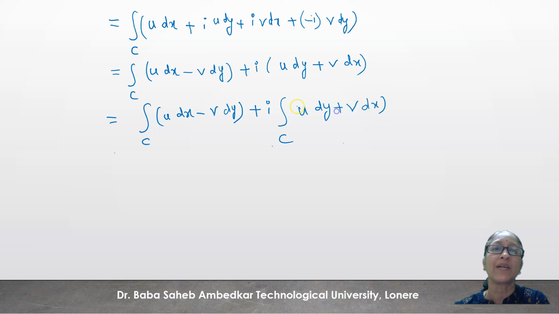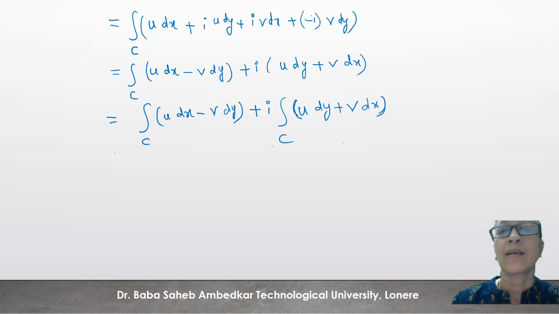Here u is a function of x, y and v is also a function of x, y, and x, y are real variables, right? So this integral of a complex variable function equals the integral along C of u dx minus v dy plus i times the integration along C of u dy plus v dx.